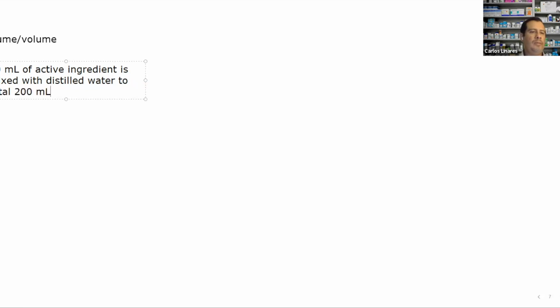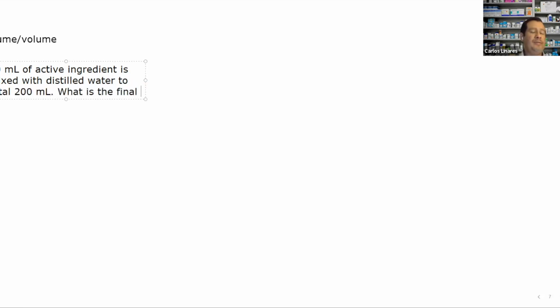The next one we're going to do is volume per volume. This is when you're adding the milk or the water to your coffee or the creamer, so it's not so strong. So we have 10 mLs of active ingredient mixed with distilled water to total 200 mLs.